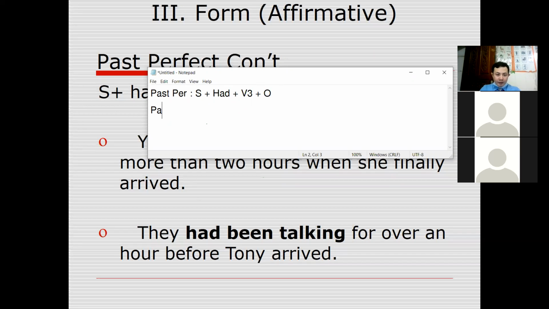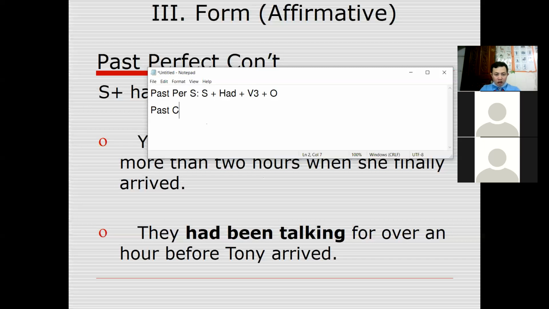And then we have past continuous. This one is past perfect simple. This one is past continuous, right? So we have past perfect simple, and then plus past continuous.